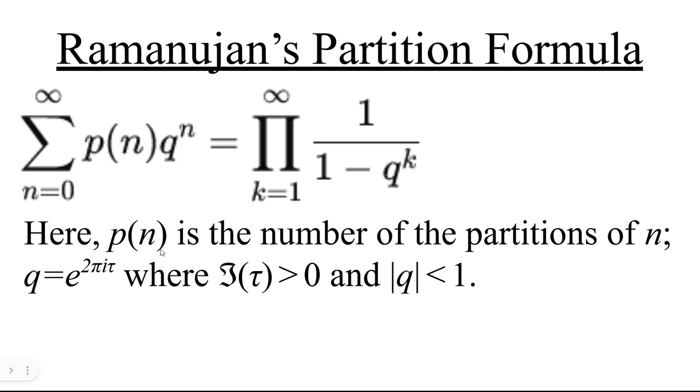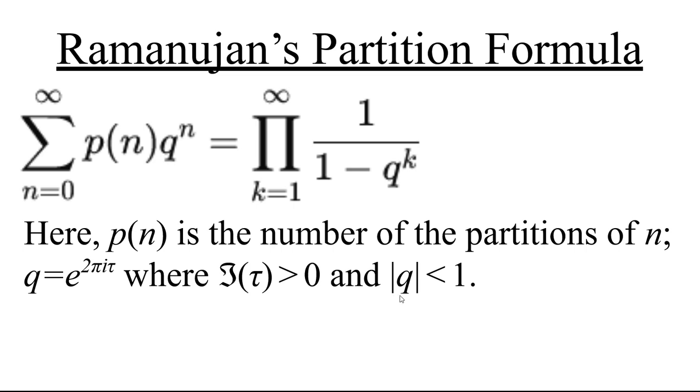Here p(n) is the number of partitions of n, and q is a complex number which can be expressed as e to the power 2 pi i tau, where i is root minus 1. Tau is a complex number on the upper half of the complex plane, that is, its imaginary part is greater than 0.